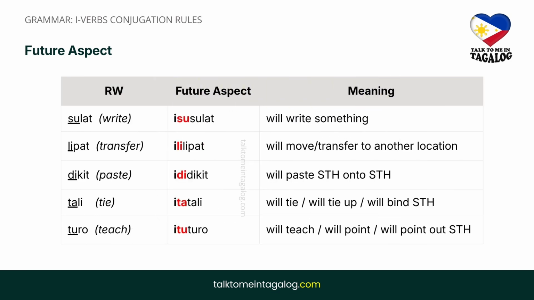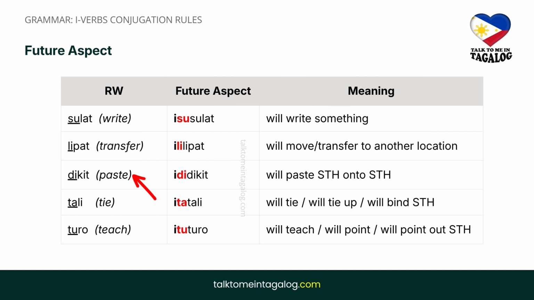Here are some more examples of future aspect. Root word sulat, meaning write, becomes isusulat, meaning will write. Lipat, transfer, ililipat, will move or will transfer to another location.